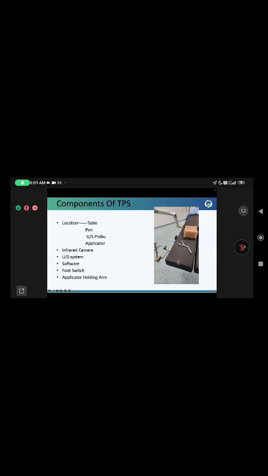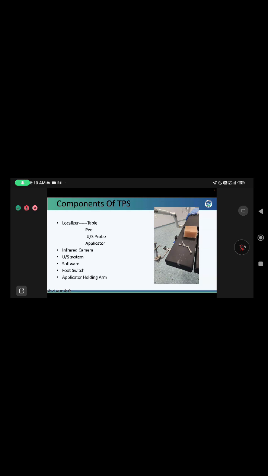It captures the location of the tumor bed. It captures the location of the applicator. The applicator will also have a localizer like this. So it captures the location of that applicator, and it also captures the location of the ultrasound probe.